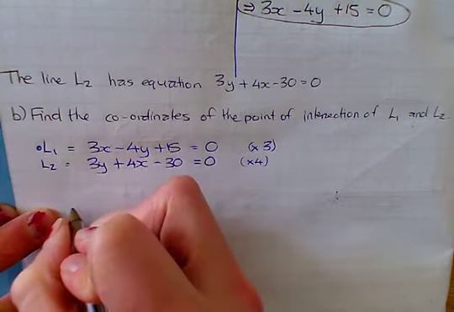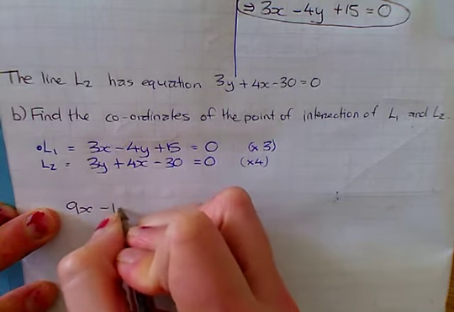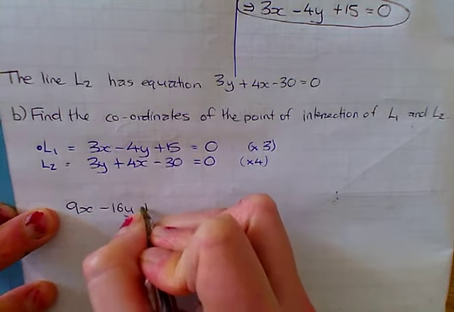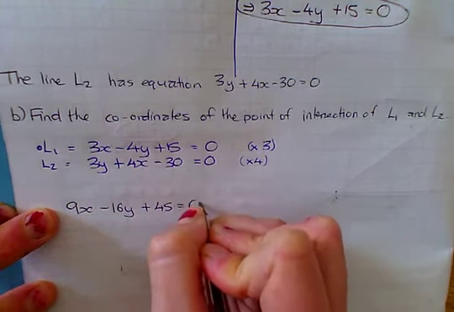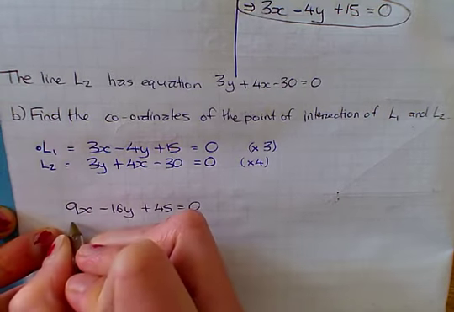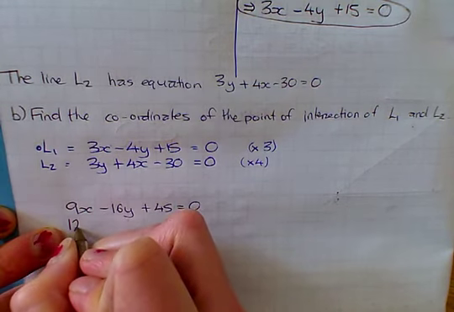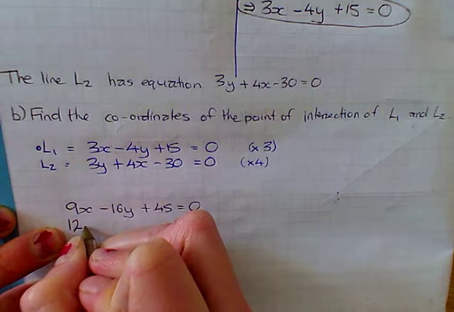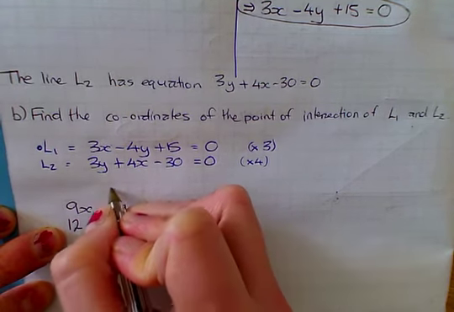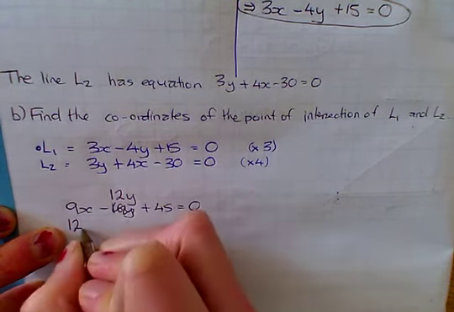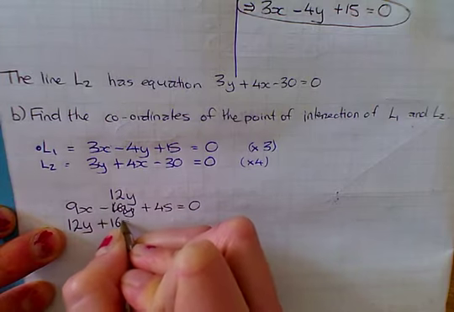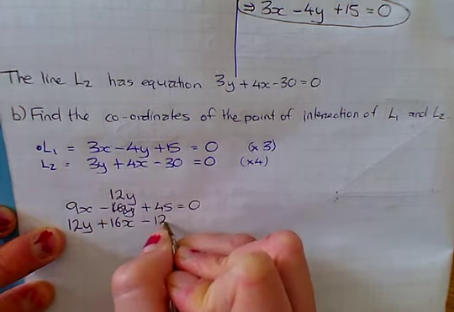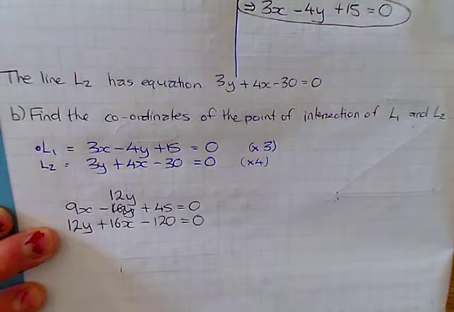So in that case, I end up with 9x minus 12y plus 45 is equal to 0. And in this case, I end up with 12y, sorry, that's 12y, isn't it? 12y plus 16x minus 120 is equal to 0.